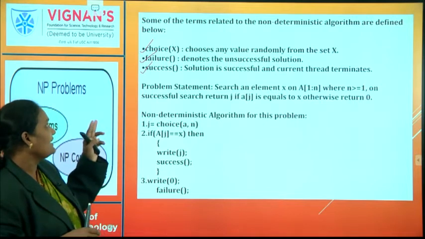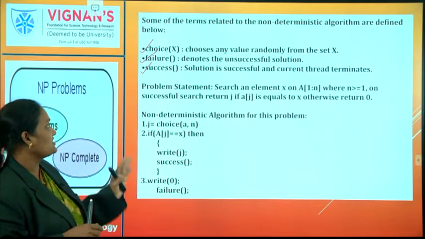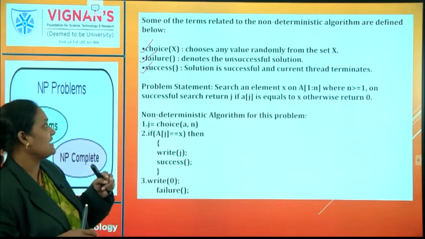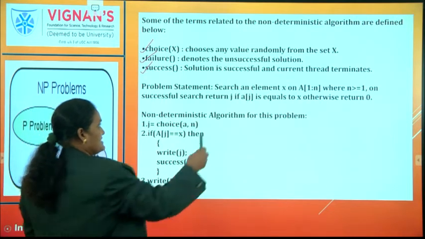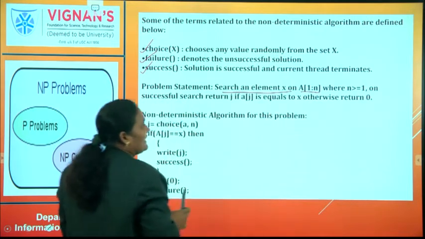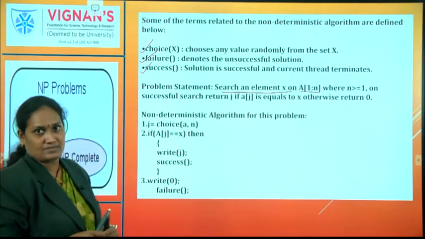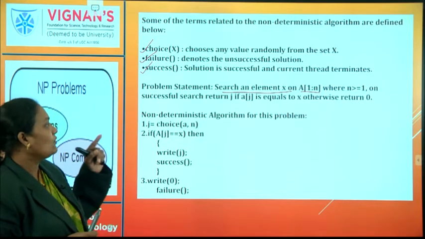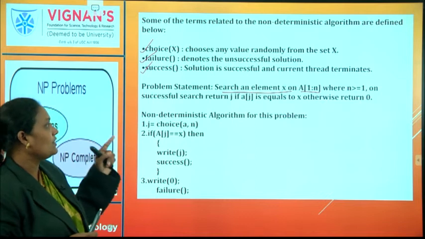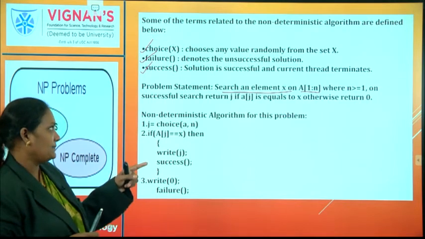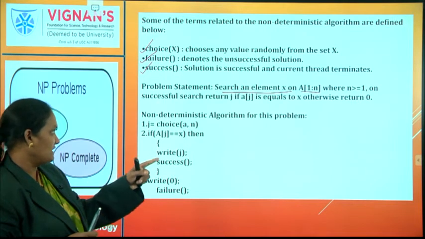For explaining how to use these three functions in writing a non-deterministic algorithm, here I am taking an example. Search an element x in the given array which contains n elements. Here A is an array which contains n elements. I want to search the existence of element x in the given array, where n is greater than or equal to 1.